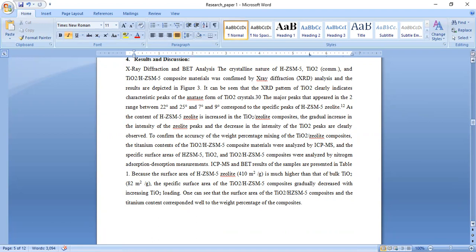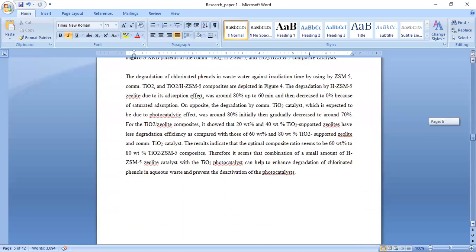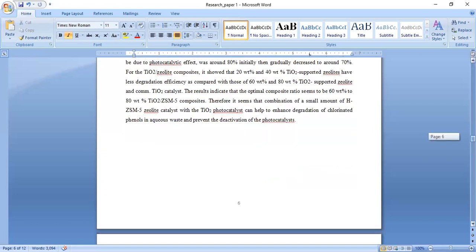and it can be observed that most of the degradation happens with the 60 and 80% titanium oxide supported zeolite catalyst. The 20% has given less degradation as compared to the others. Even commercial titanium oxide and zeolite have less degradation compared to the 60%, 80% titanium oxide supported zeolite catalyst.